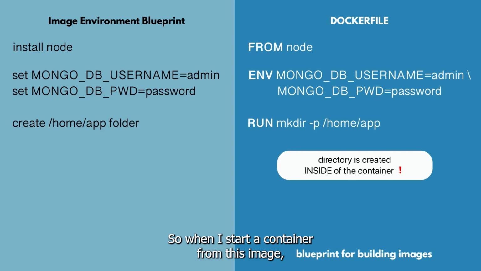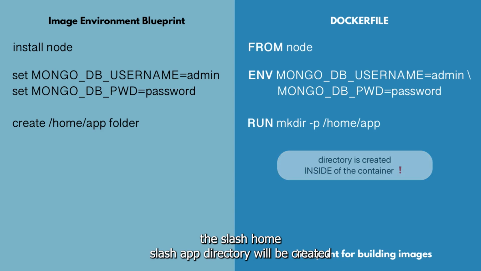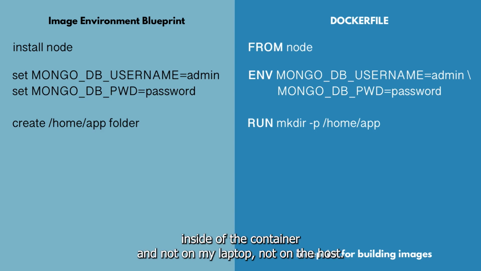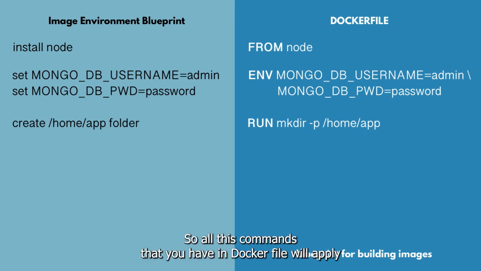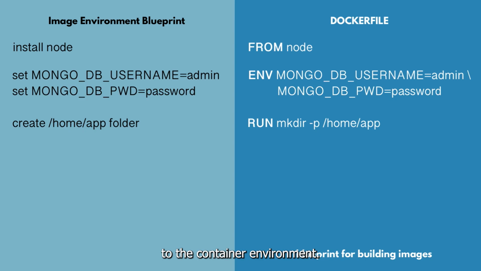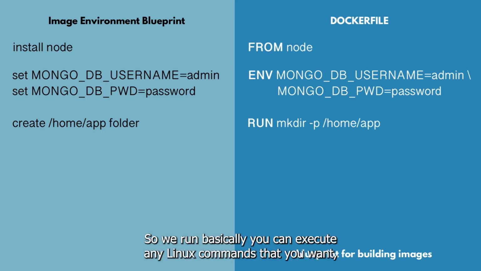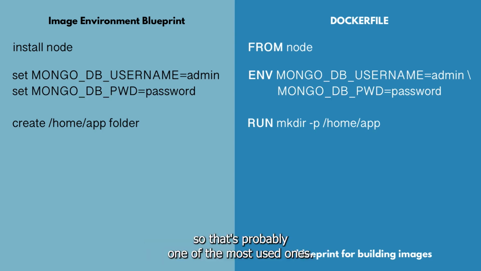So when I start a container from this image, the /home/app directory will be created inside of the container and not on my laptop, not on the host. So all these commands that you have in Dockerfile will apply to the container environment. None of them will be affecting my host environment or my laptop environment. So with run, basically you can execute any Linux commands that you want. So that's probably one of the most used ones.